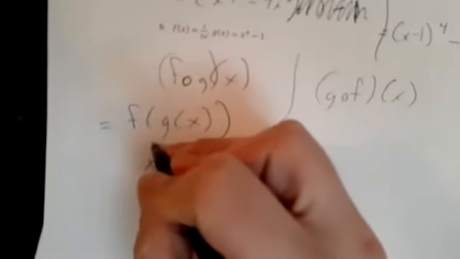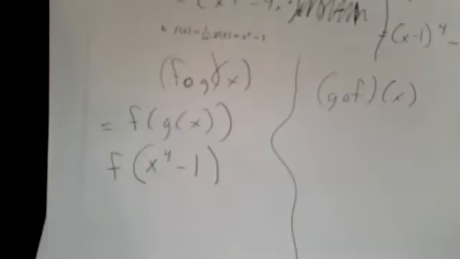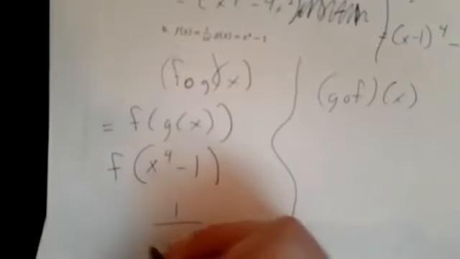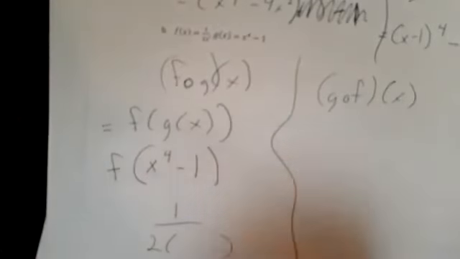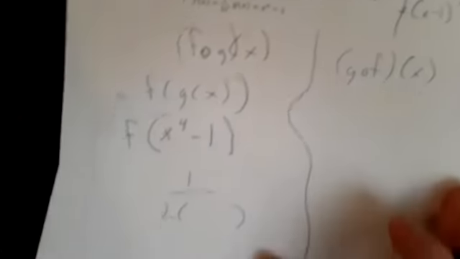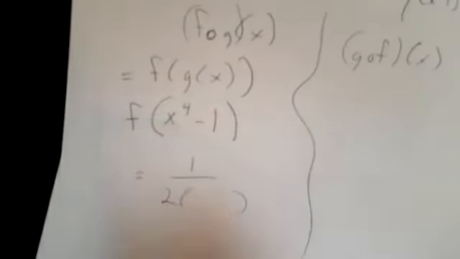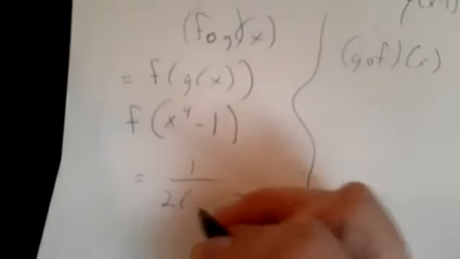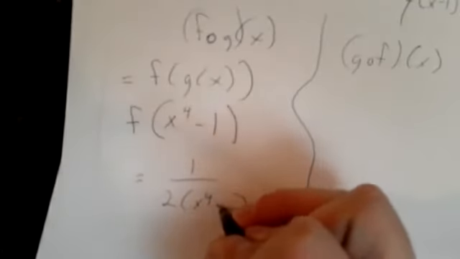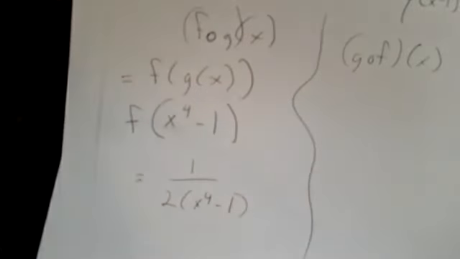That takes care of that g of x that I have in there. And I still need to plug that into my f function. So my f function looks like 1 over 2 times whatever that thing is. It's 1 over 2x. And so my x here is no longer x, it is x to the fourth minus 1.